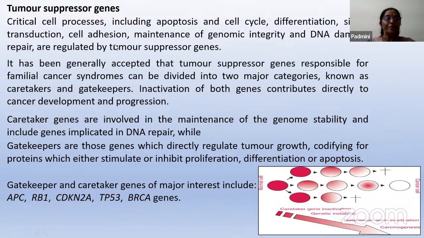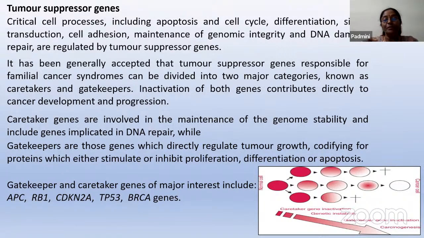So what do you mean by caretaker genes? These are involved in the maintenance of genomic stability, and this includes genes implicated in DNA repair. So wherever DNA repair has to occur, caretaker genes take care of the DNA repair mechanism. Now gatekeepers, what is their work?